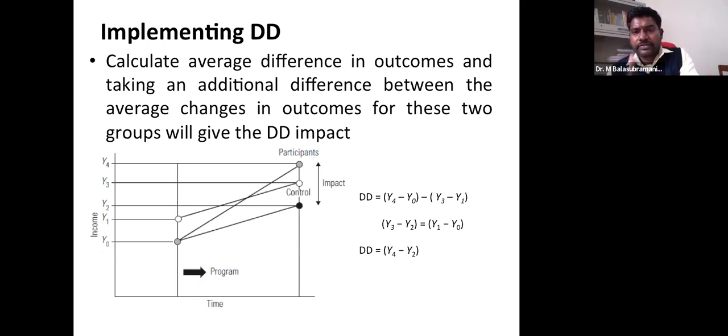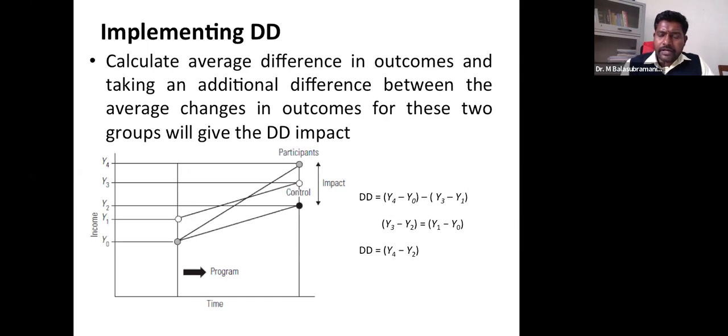The average difference in outcomes of the participants and non-participants, those who used this technology and those who did not, separately we have to take an average difference between these two groups. Then the next level is the difference between whatever values come, and that difference gives our DD, the double difference. Understand? That is taking an additional difference between the average changes in the outcomes for these two groups, which gives you our final figure.